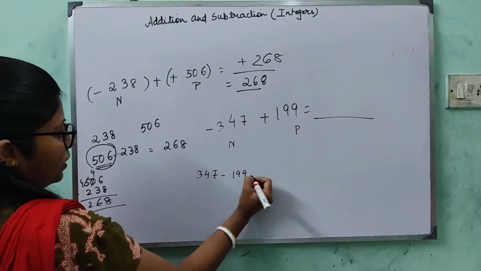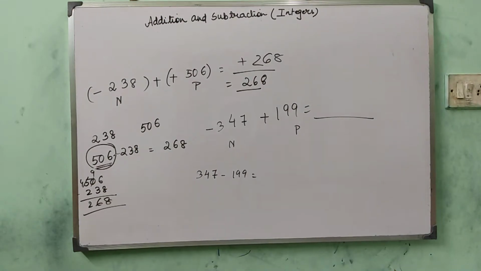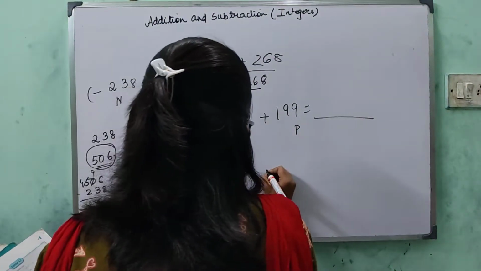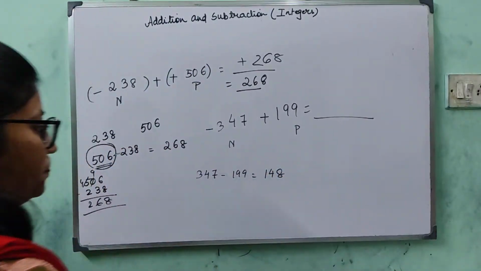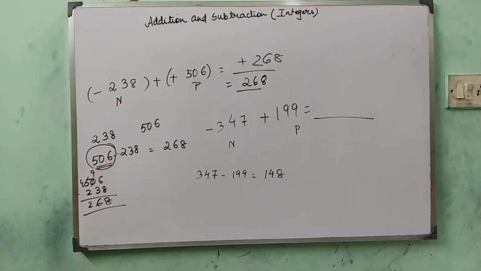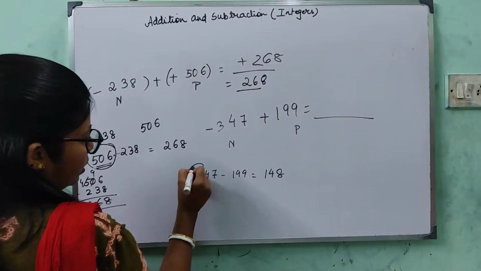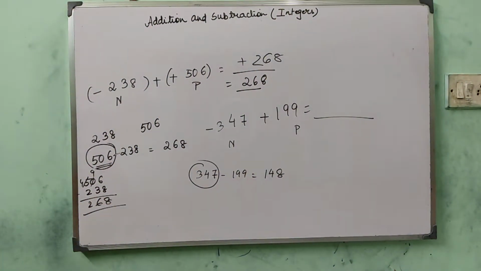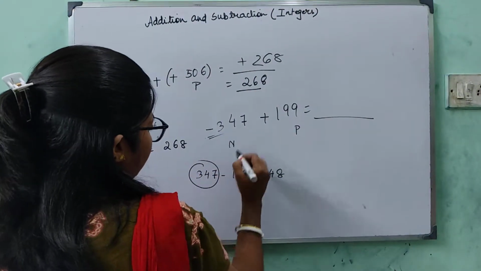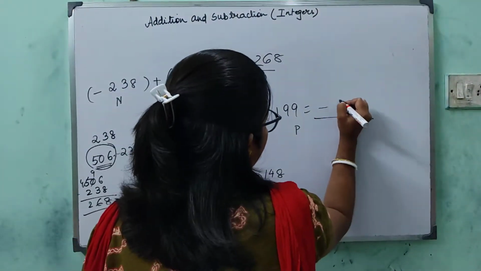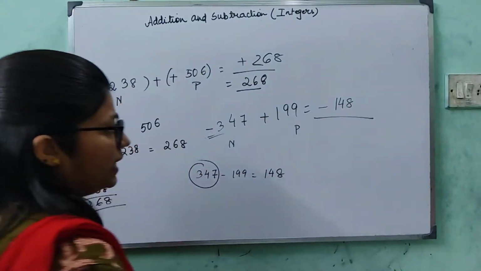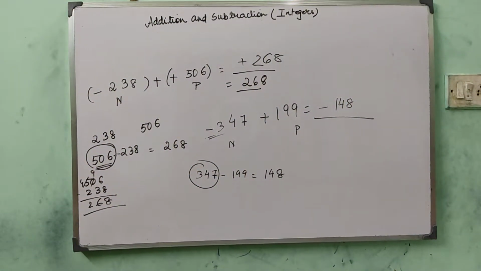You subtract them. So 347 minus 199 is 148. Now here, what is the sign of 347? It is a minus sign. So it will be minus 148. Okay, is it clear? I hope it is clear.